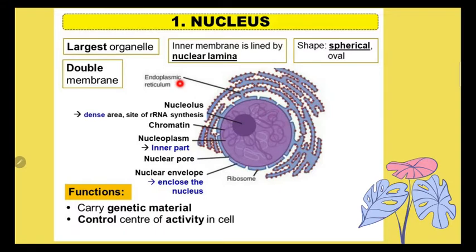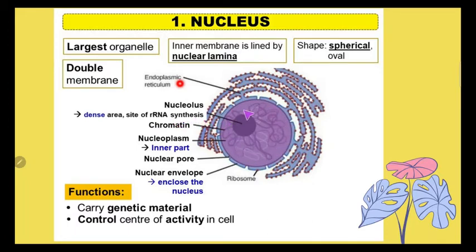The shape of the nucleus is spherical, or sometimes oval, and it is a double membrane organelle. When we say it is a double membrane organelle, it must have the outer membrane and the inner membrane. So let's look at what is inside the nucleus. The dense region here is the nucleolus, which is a site of rRNA synthesis.